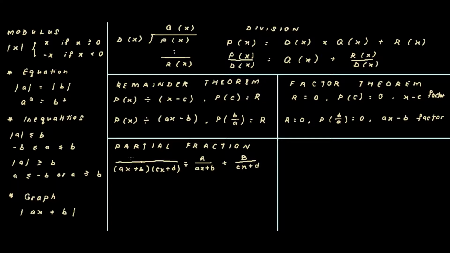For type 2, you learn about the repeated factor. If I have something over ax plus b squared, anything that is repeated, it's not only for ax plus b, even if you only have the x term, you still need to do this. As long as when you expand it you get a repeated factor, you need to use this form.